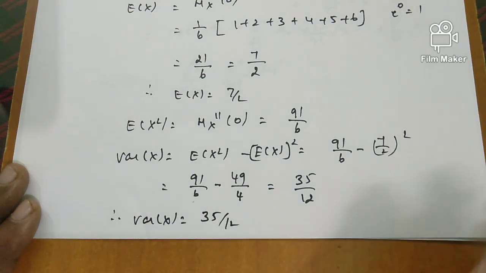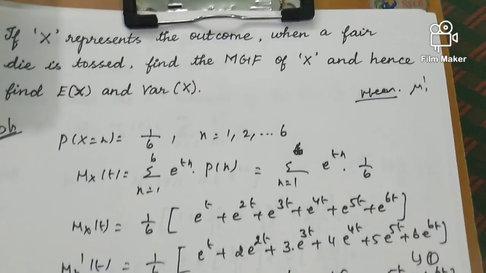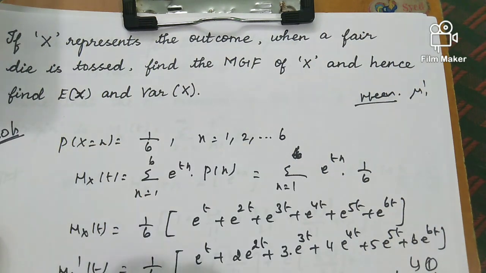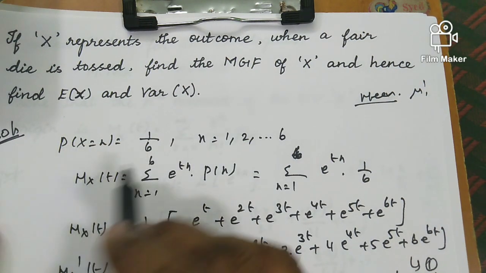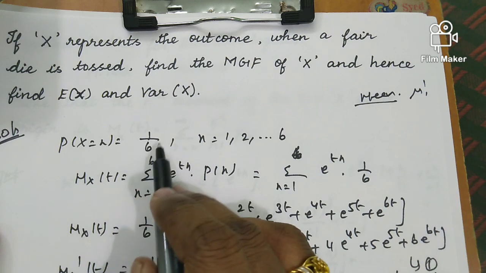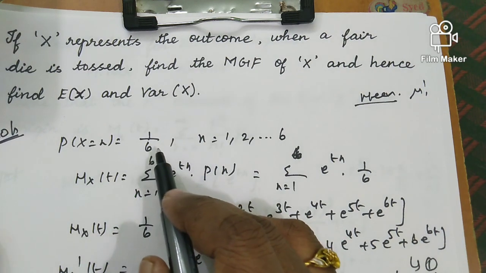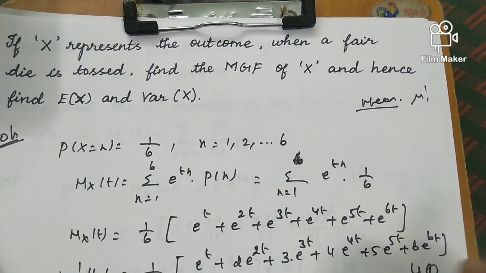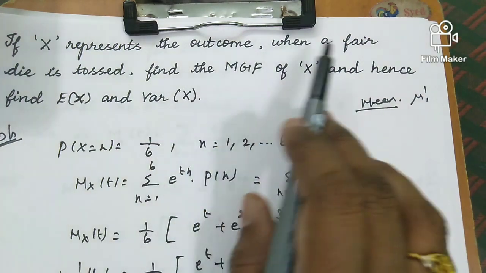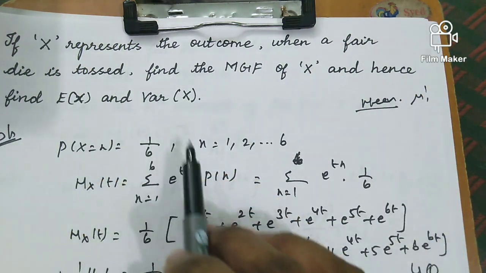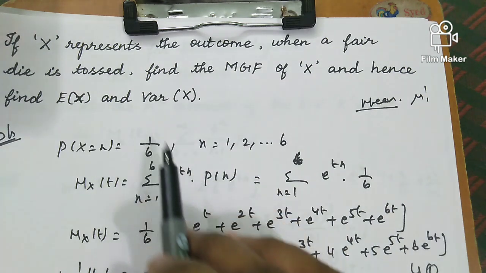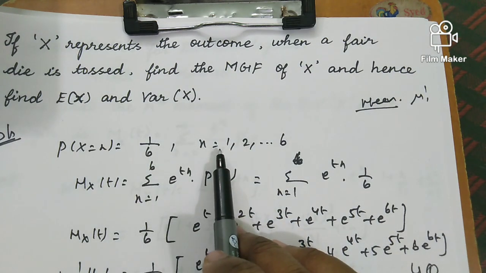So for the question of E of x and variance of x, first we are supposed to write the probability of x. That is nothing but 1 by 6. How are we writing this? Because it's given in the question: X represents the outcome when a fair die is tossed. The possible outcomes when the die is tossed are points from 1 to 6, each with probability 1 by 6.